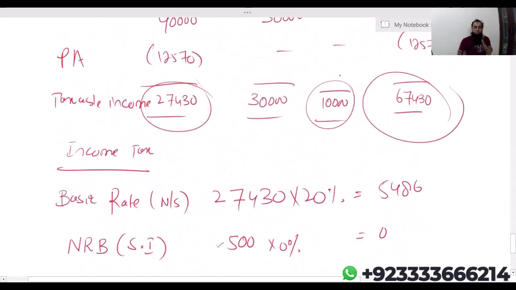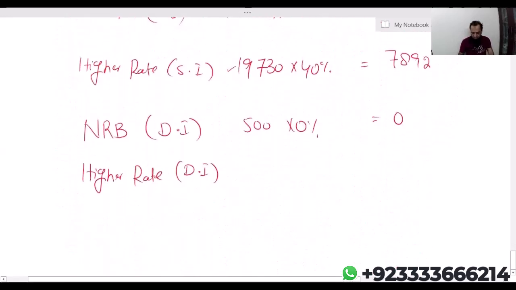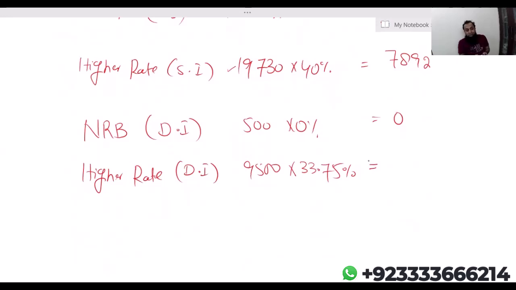The remaining 9,500 falls in higher rate where applicable tax rate is 33.75%. And these tax rates will be given to you in exam, okay? So if you are finding any difficulties in memorizing these tax rates and limits, don't worry at all. They will be given to you in exam.